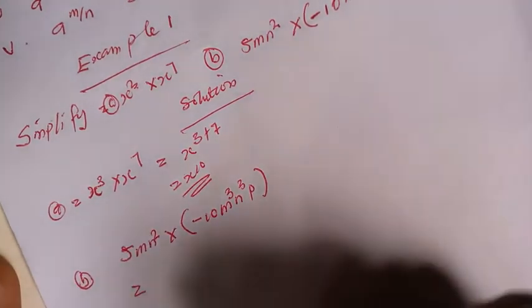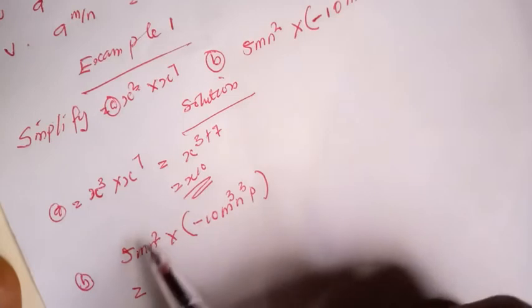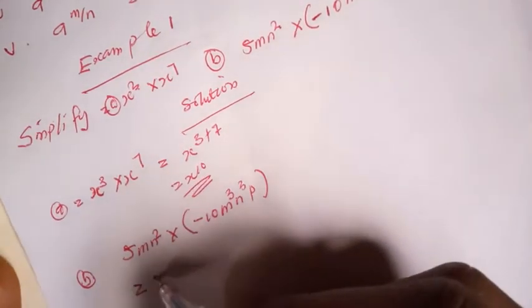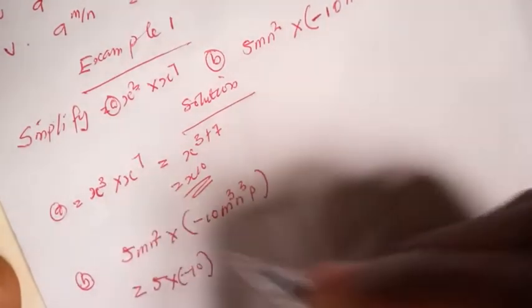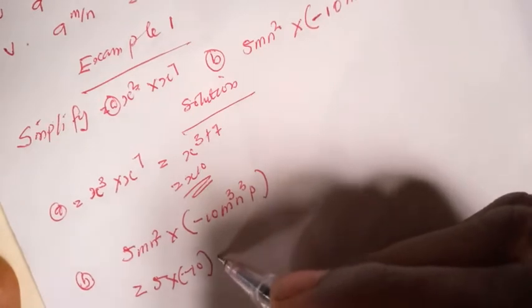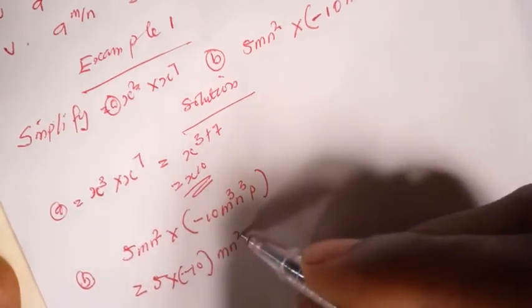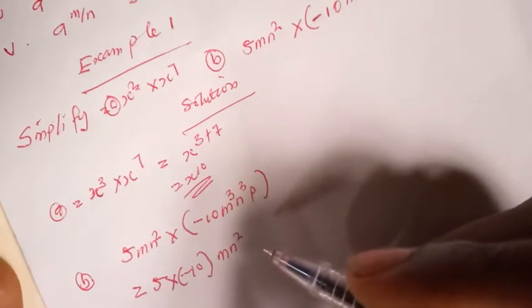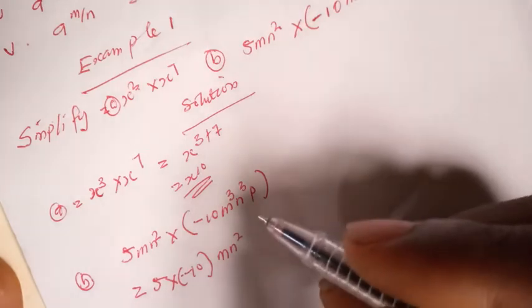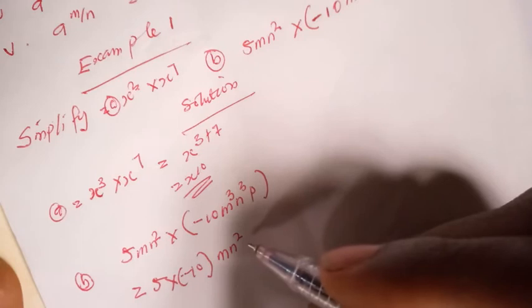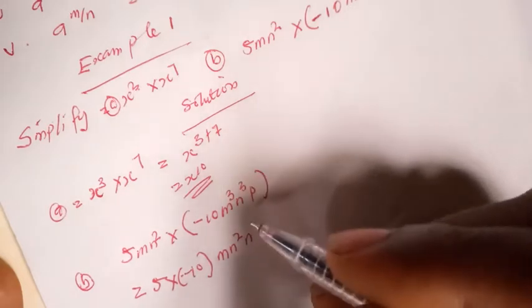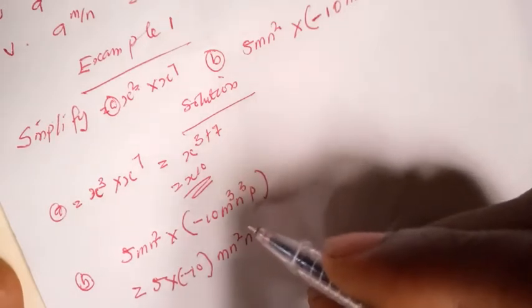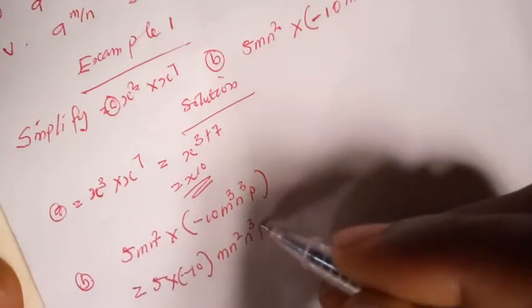So what we are going to do now in this situation is pick 5 times minus 10 in this place. Then we have m, n cubed, and p.